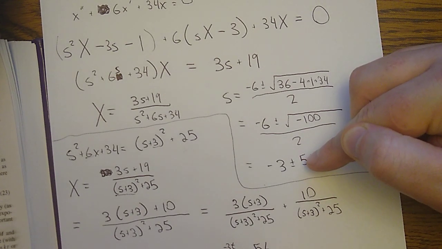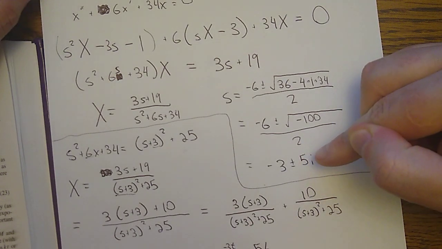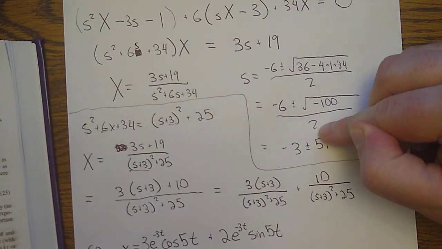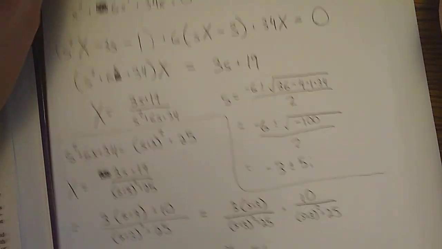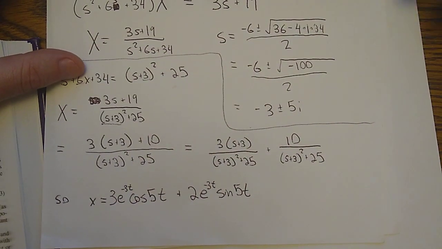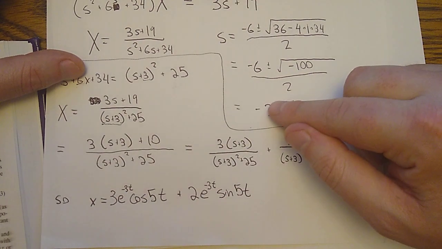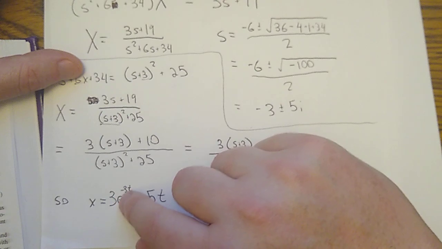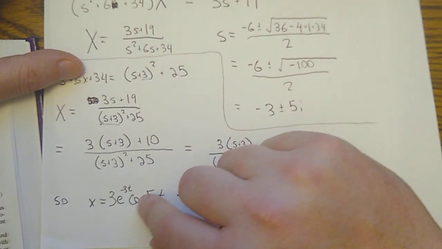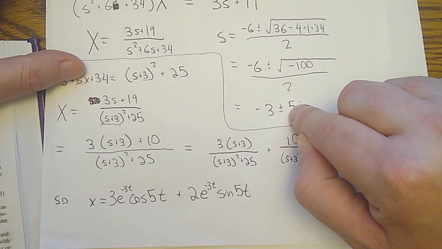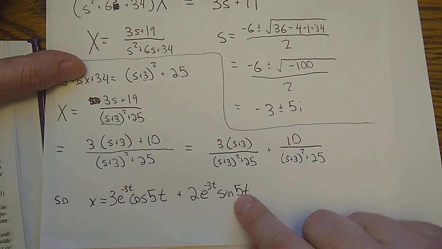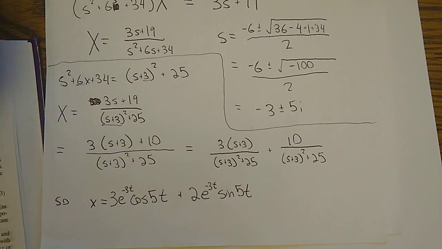And so then we should have expected an answer, because if these are the roots of the characteristic polynomial, of course our answer is going to involve, oops, sorry, I'm just trying to scoot the paper up. If this is -3 plus or minus 5i, you do e to the real part, so e to the -3, and then you have a cosine of the coefficient of i, and then you should also have a sine counterpart to the cosine part.